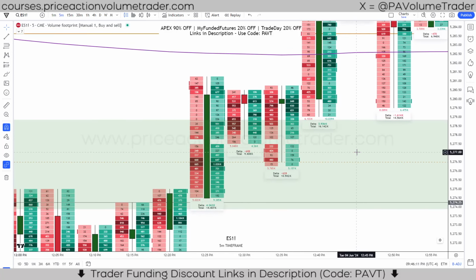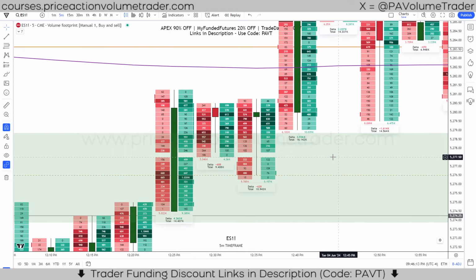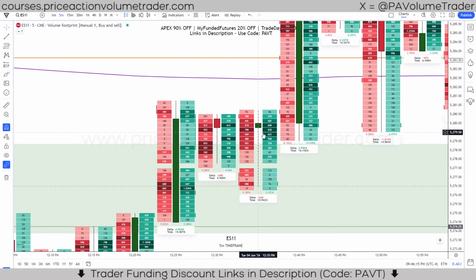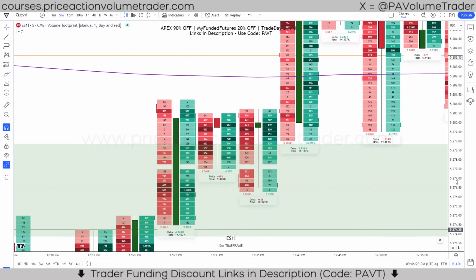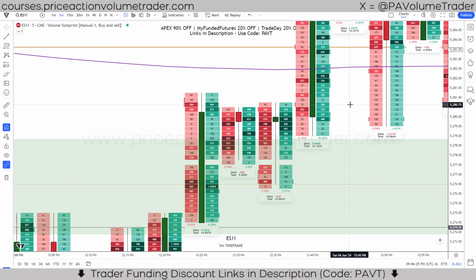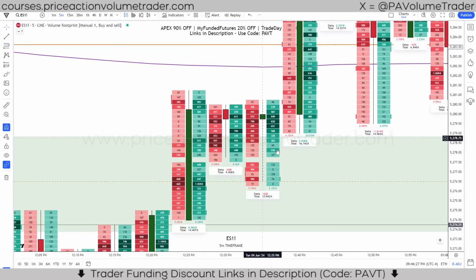And so what I like to see with the footprint chart, one of my favorite signals, and I talk a lot about this, I have a lot of examples and strategies going over this in my order flow course, is that I look for divergences.